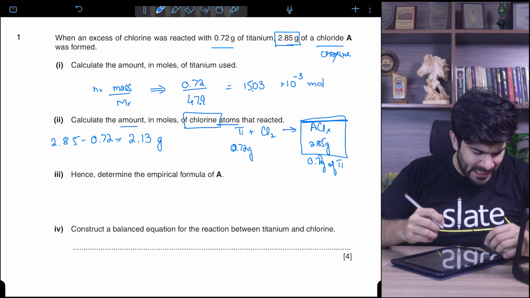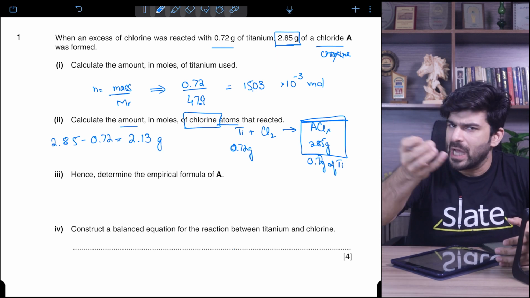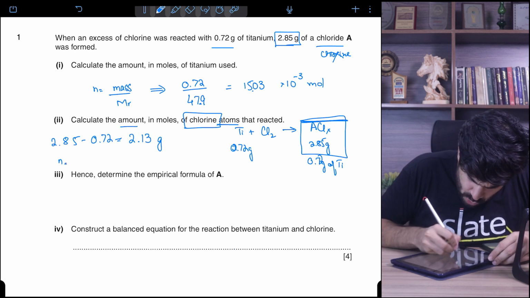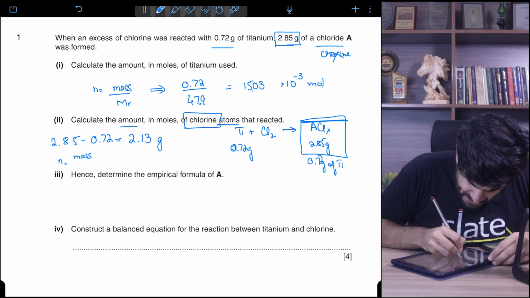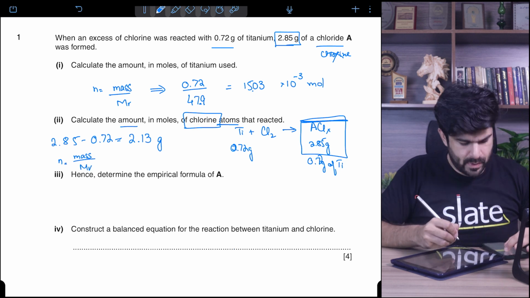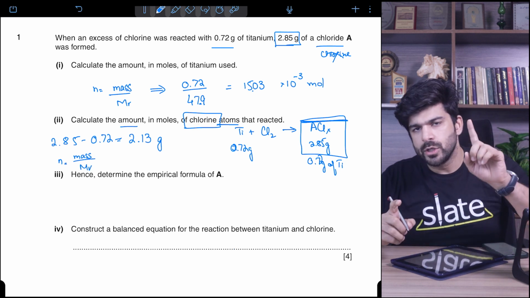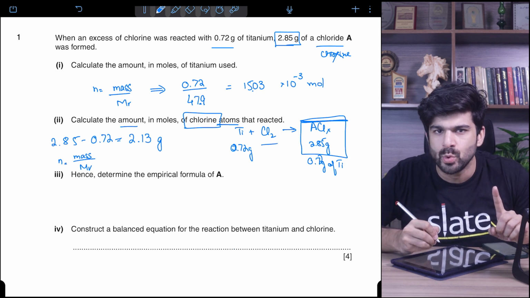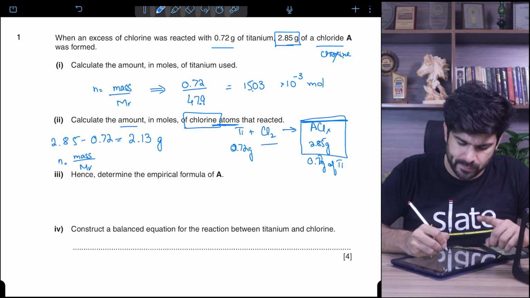Now we have to calculate the moles of chlorine. So n equals, again, mass over MR. They are not talking about the chlorine molecule. They are not talking about Cl2. They are just talking about the chlorine atom.